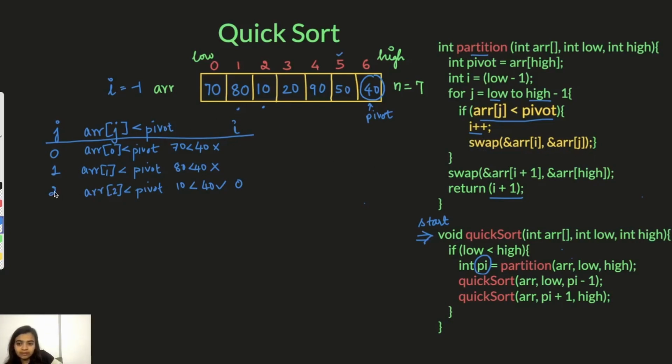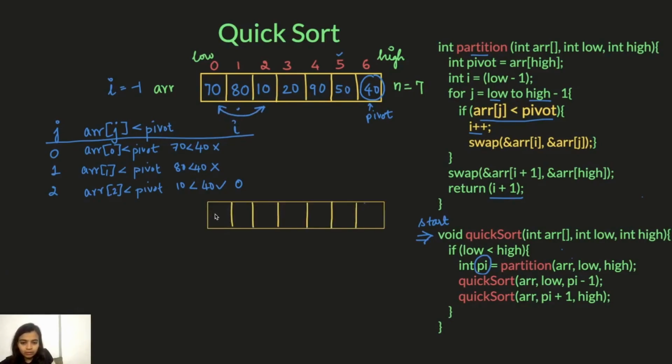Now j is currently 2 and i is currently 0, so we have to swap the elements in these two indices. The array will look like this: 10 will come here and 70 will go to the second index. Then we'll have 80. The remaining elements we'll just write as they are. And this is our pivot, which is 40.